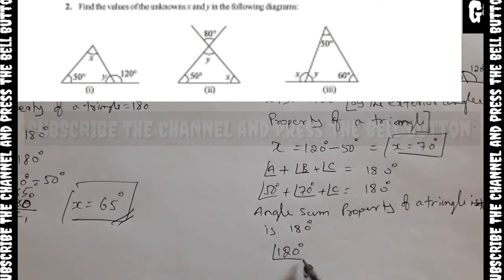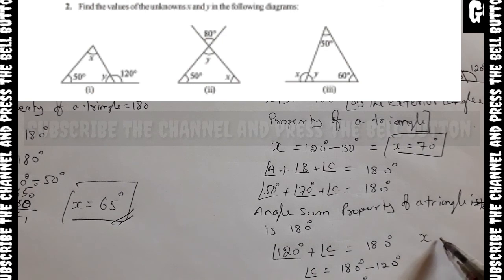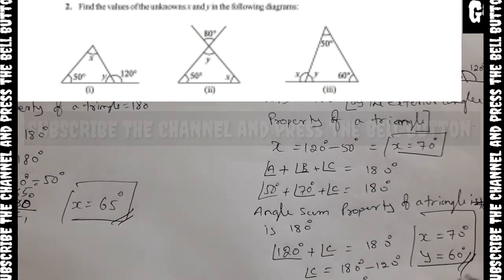Angle 120 degrees plus angle C is equal to 180 degrees. Moving to the right hand side, angle C is equal to 180 degrees minus 120 degrees. C is equal to 60 degrees. That means x value is 70 degrees and y value is 60 degrees. This is the answer.